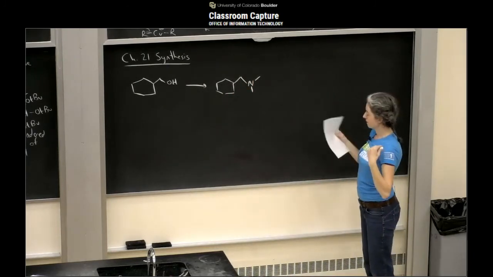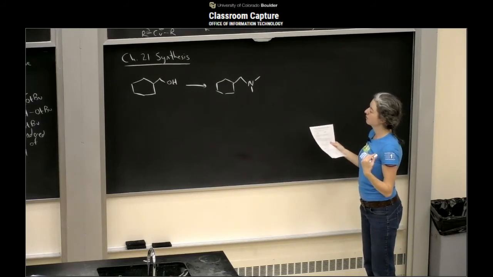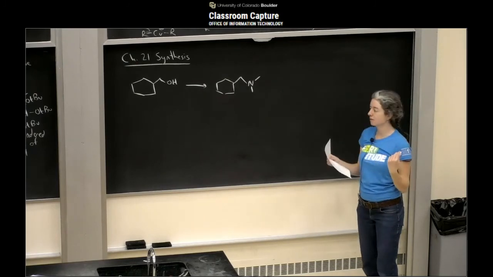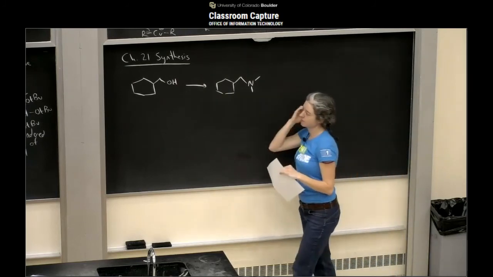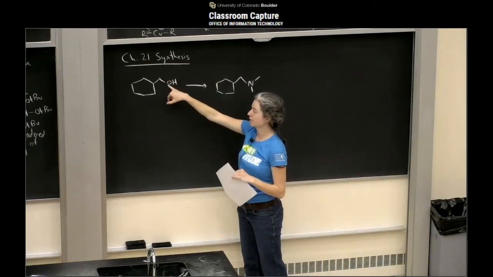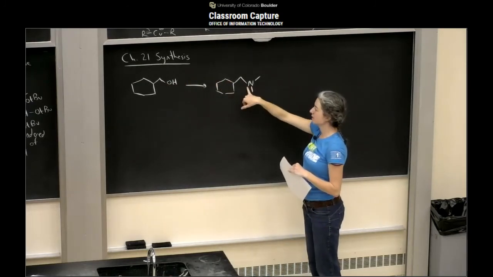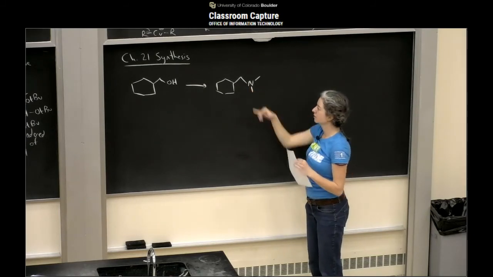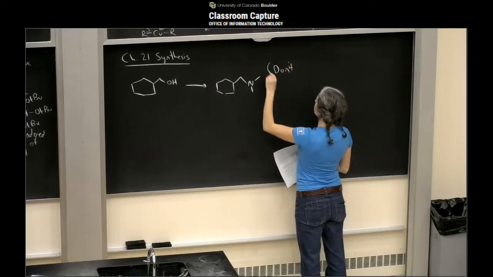All right, so I guess I didn't explicitly say this in the notes, and we won't cover why certain options are a bad idea here until we get to the nitrogen chapter in a couple chapters from now. Your first glance looking at this might be to think, convert this OH into a leaving group like a tosyl, and then have nitrogen come in and do SN2 on it. Turns out that has some unexpected consequences that are going to make that not work.